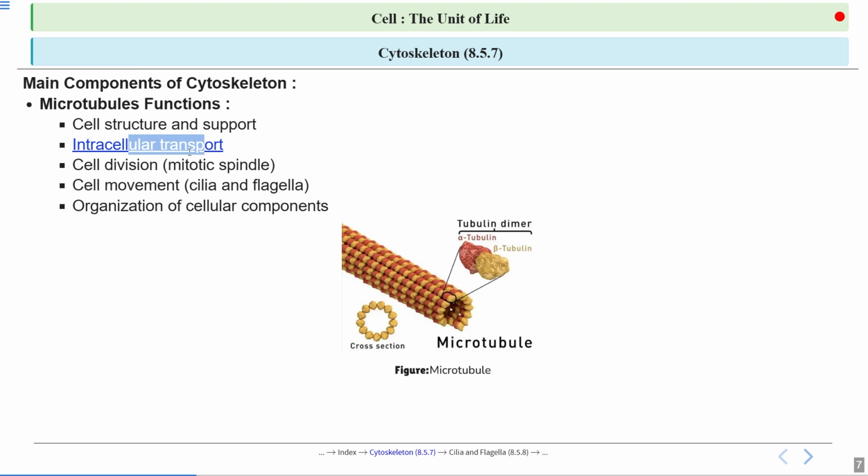And what do they transport? They help in the transport of organelles, vesicles, and some other molecules within the cell. Cell division we have discussed, cell movement we have discussed, and they are also involved in organization of the cellular components as well.